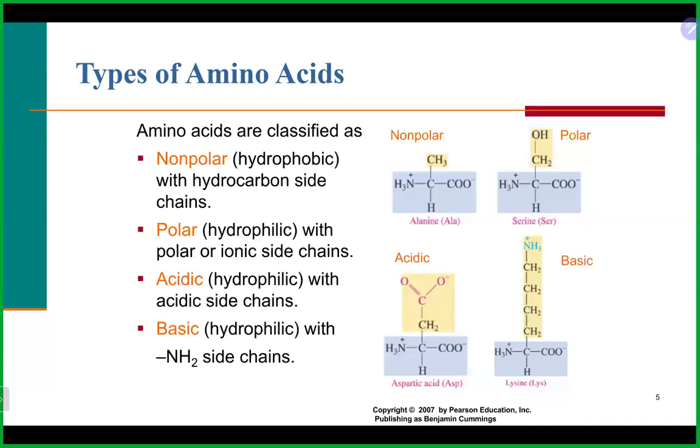So you won't be asked to draw glycine or alanine or anything like that, but you may be given the structure of an amino acid and asked to classify it as one of these four types. So we're going to look at the differences between these to help you identify what category to put them in if you see the structure.